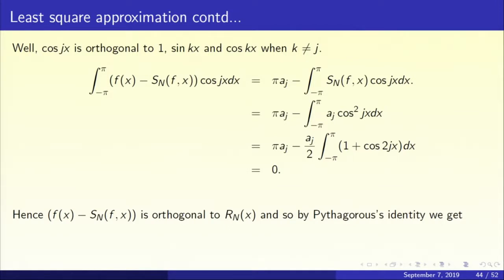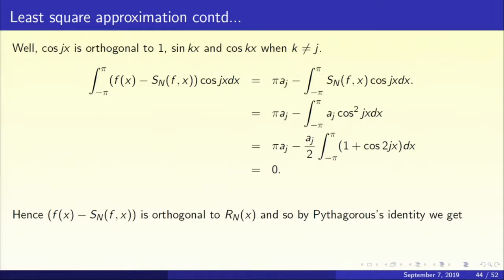You will get in all the integral from minus pi to pi of aj cos squared jx. The cos squared jx has to be written as 1/2 of 1 plus cos 2jx. That's what I had done in the slide. And what do you get? The cos 2jx term integrates to sin 2jx upon 2, but when I put the limits minus pi to pi, it is 0.